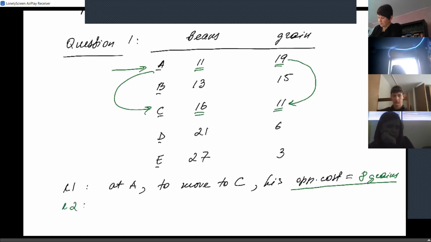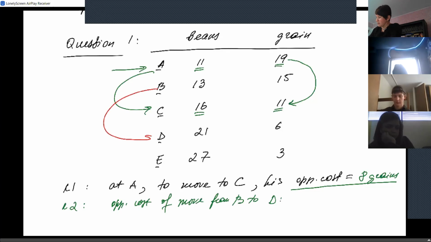Let's do number 2. What is the opportunity cost of moving from B to D? The opportunity cost is 9 grain.